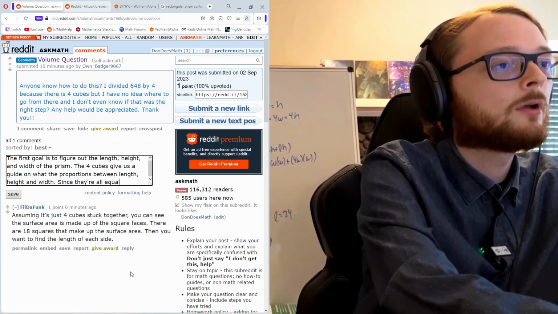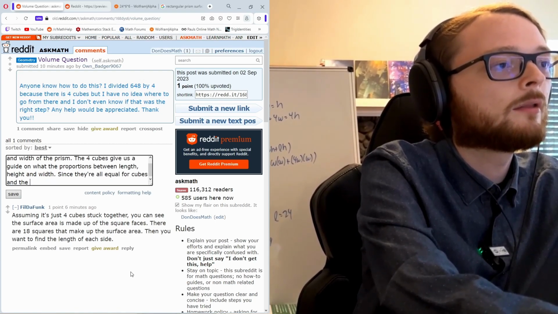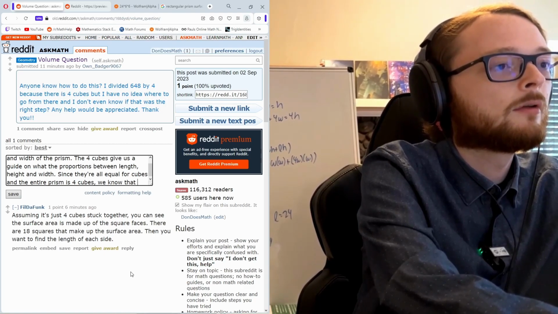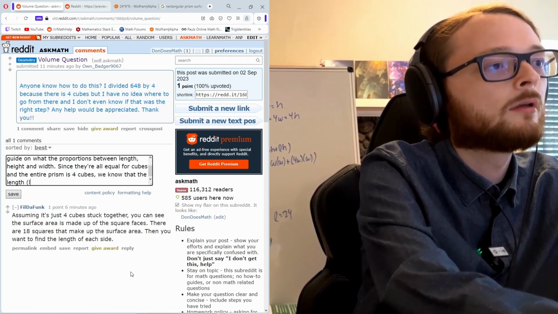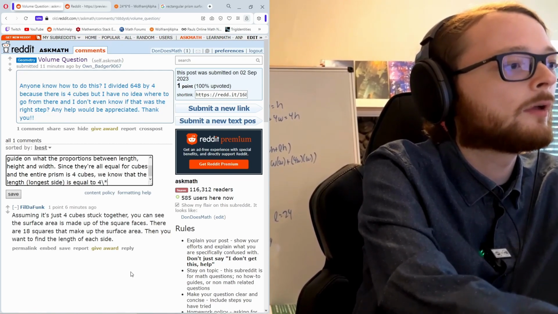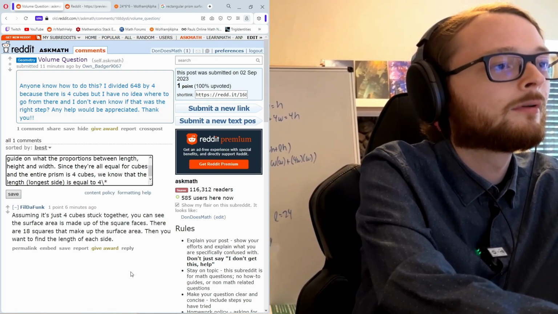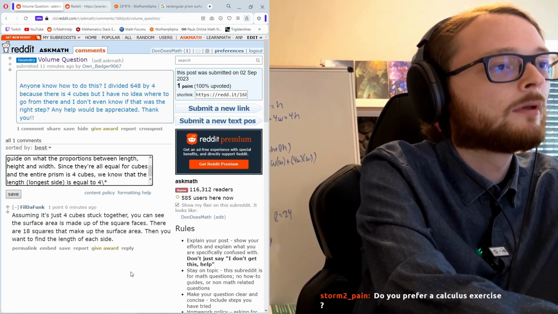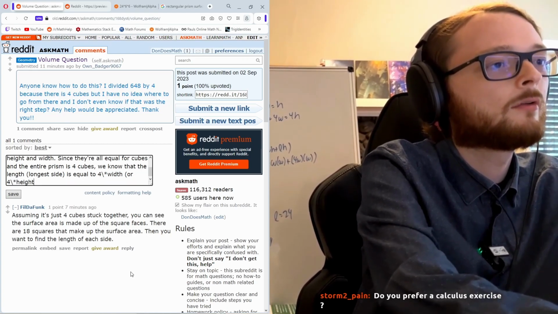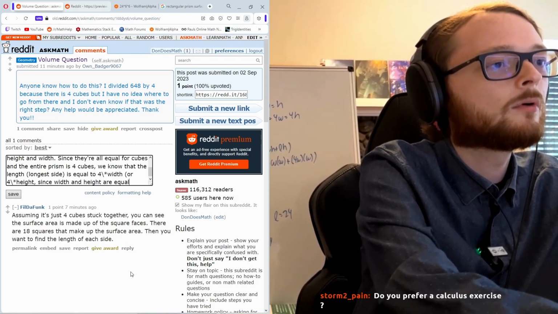Since they're all equal for cubes and the entire prism is 4 cubes, we know that the length, the longest side, is equal to 4 times the width, or 4 times the height. Its width and height are equal.